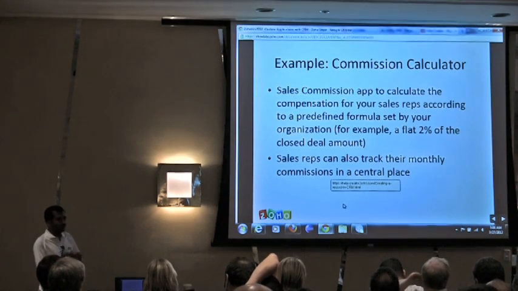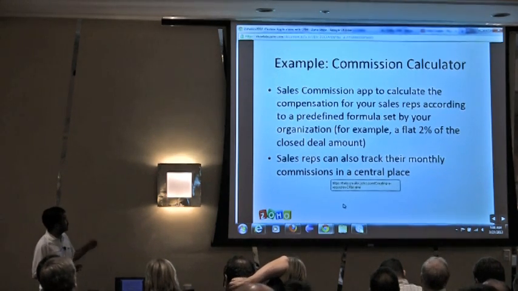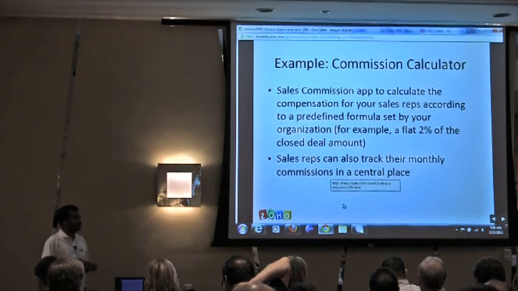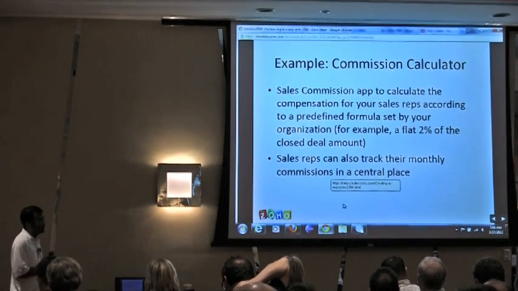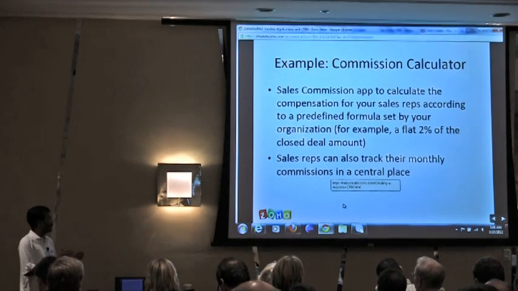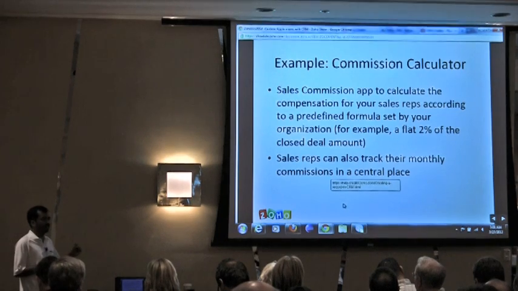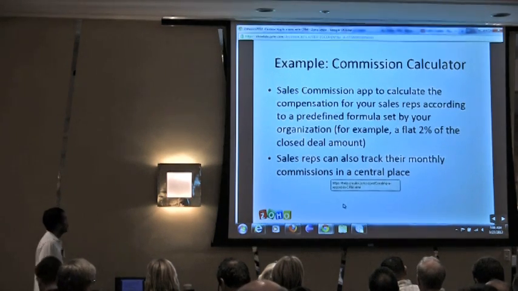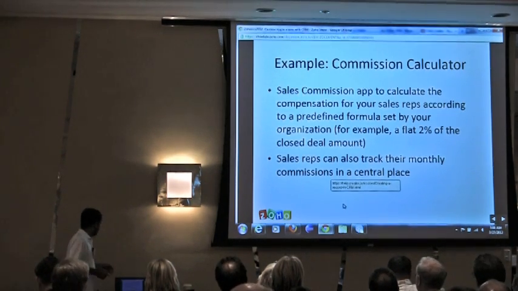Let me explain that webhook integration using an example, a commission calculator. Whenever a deal is closed, a commission should be added to a salesperson's account. So I will be creating that application here.